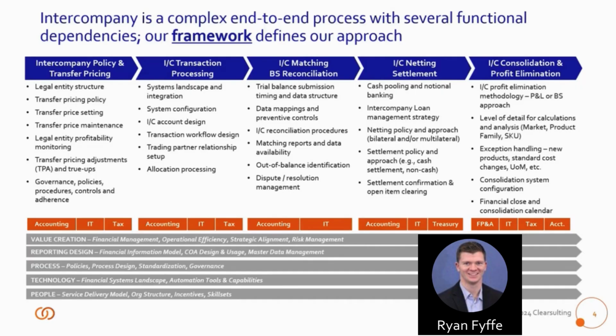As you're looking at the history of Blackline Intercompany Hub, there have been a lot of new features rolled out over the last couple of years. The technology itself is around 10 years old.